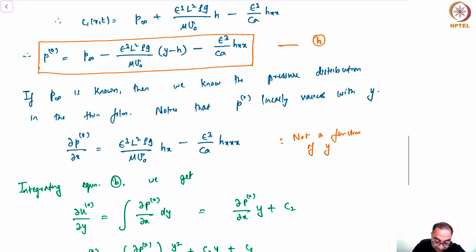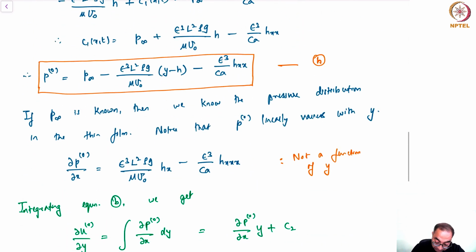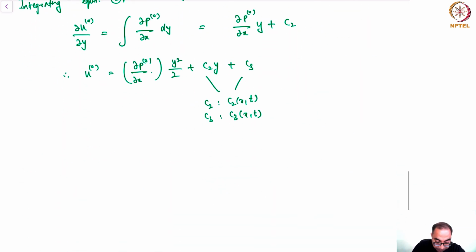Now we will first use the no slip condition at the wall, y equal to 0. That's equation D. u0 equals 0 at y equal to 0. And that tells me C3 of x comma t is identically 0.